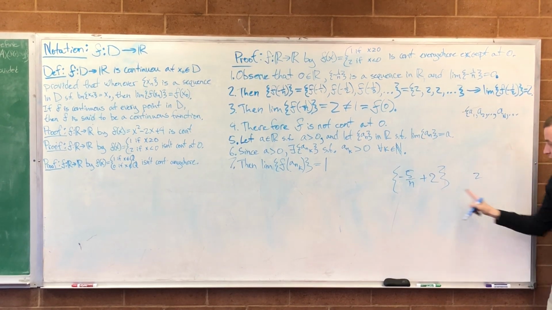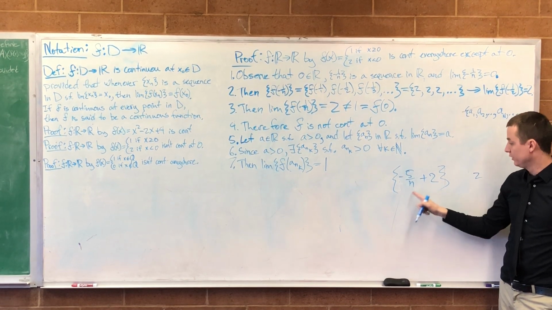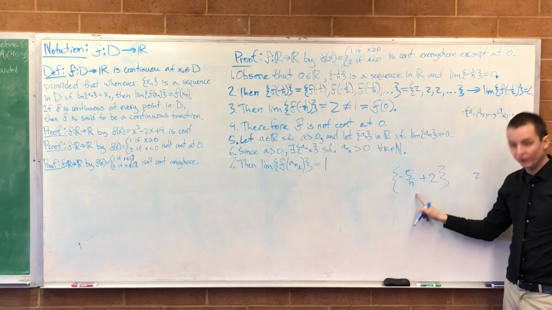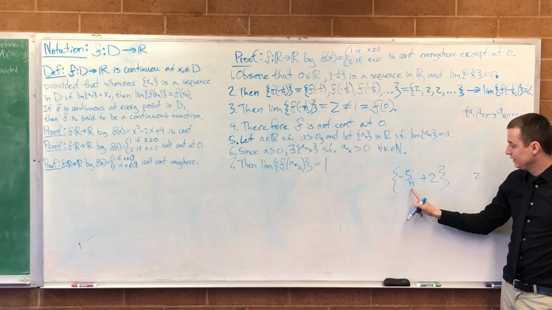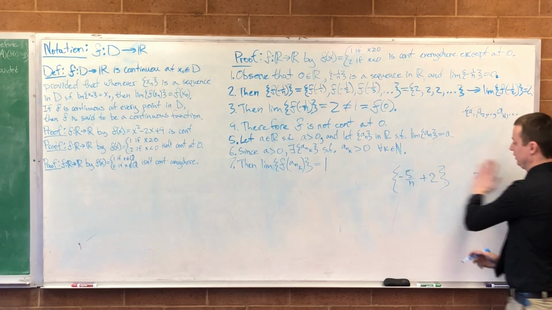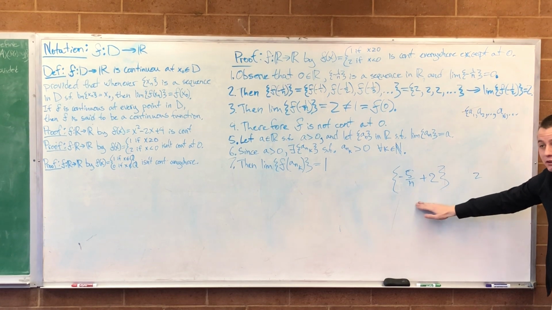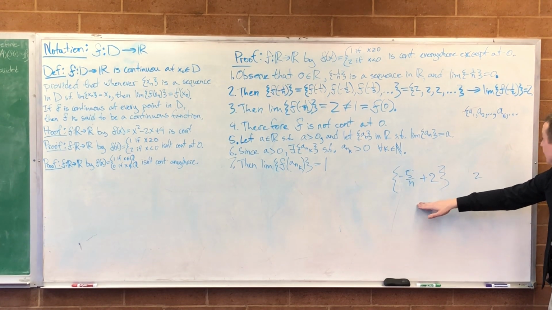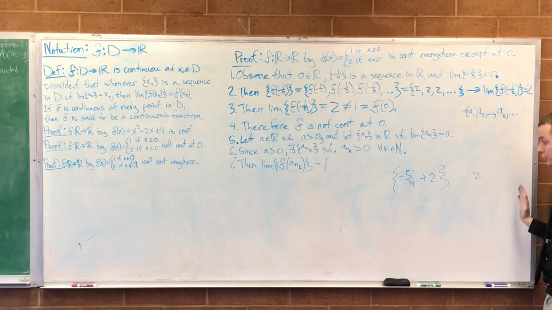So here's a sequence that converges to 2, but notice it starts out negative. The first number in the sequence is negative 5 plus 2, which is negative 3. But as n gets really, really big, this term goes to 0, and so it's just 2. So a_n could start out having negative terms, but eventually there's going to be a point in the index where from that point onwards, all the terms are positive.